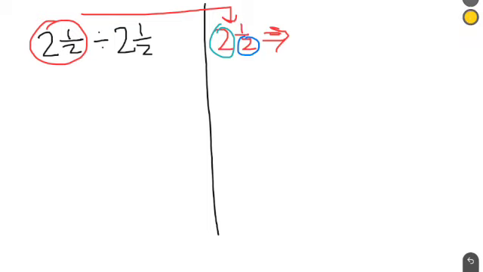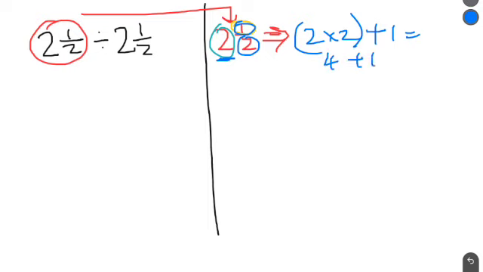And then we say plus this 1. Okay? So once again, we say this 2 multiplied by this 2, and then plus this 1. And that's going to equal 4 plus 1 equals 5. So our improper fraction now becomes 5 over 2.